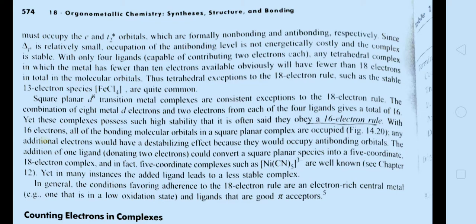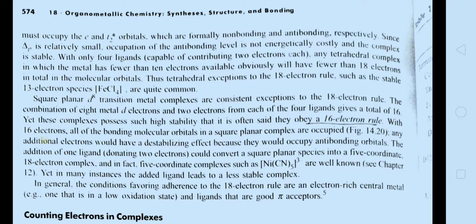So totally 16 electrons. These complexes possess such high stability that it is often said they obey a 16 electron rule. With 16 electrons, all the bonding molecular orbitals in a square planar complex are occupied.